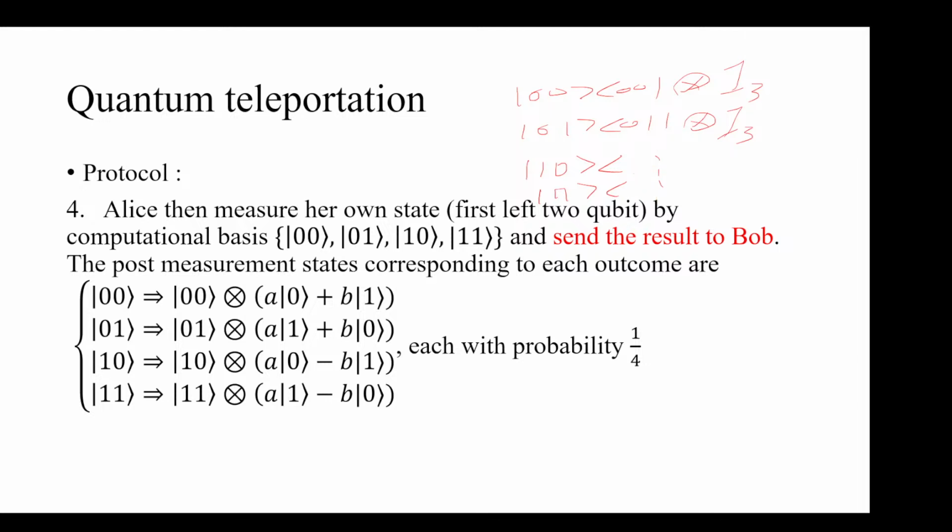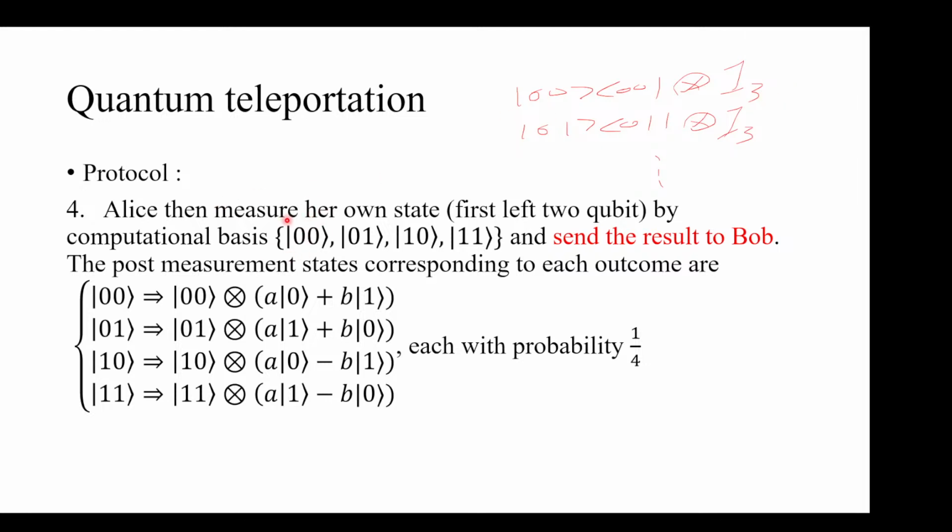Okay, so we have a projector onto those 4 states. The measurement operator is applied on the first 2 qubits, and as a rule of composite systems, when you have a measurement operator on part of your system, the measurement operator on the whole system is you just tensor identity on the other part of your system.